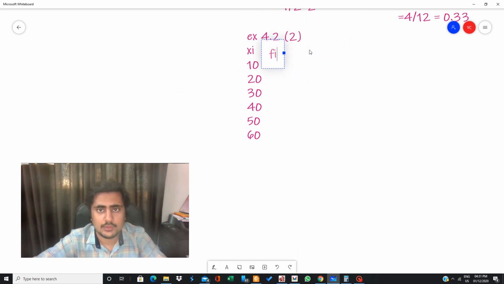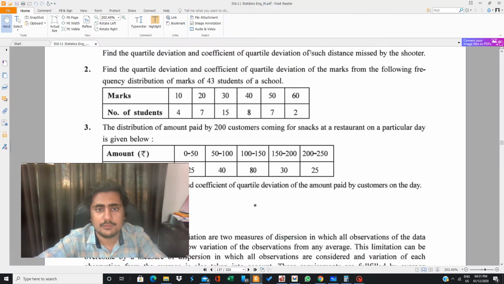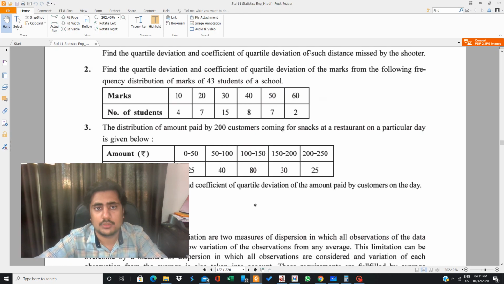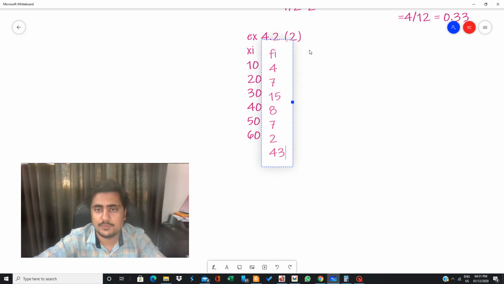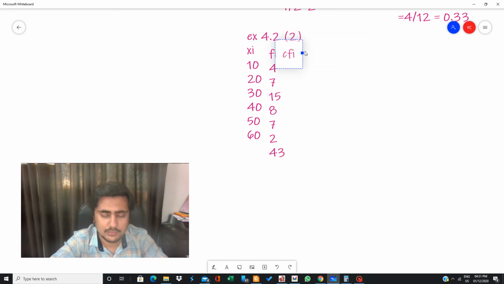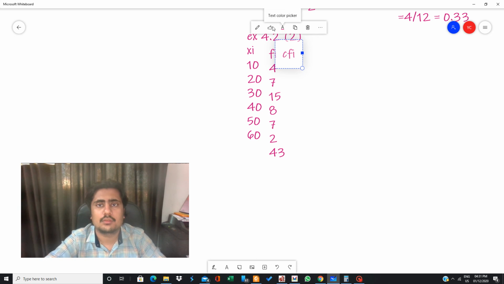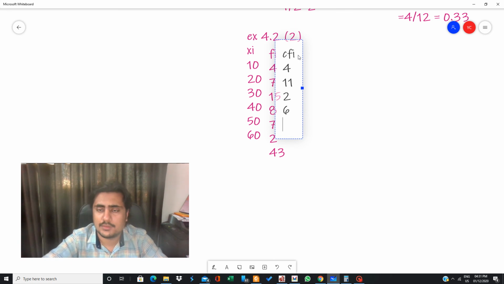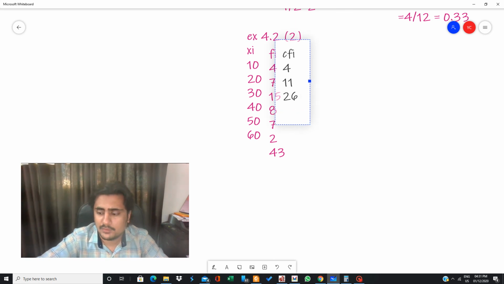Frequency is 4, 7, 15, 8, 7, 2. Total there are 43 students. Let us find Cfi because you will need it in the question. Cfi is 4, 11, 26, 34, 41 and 43.